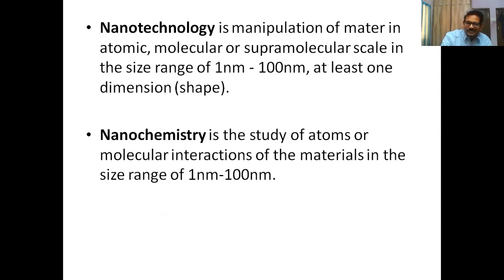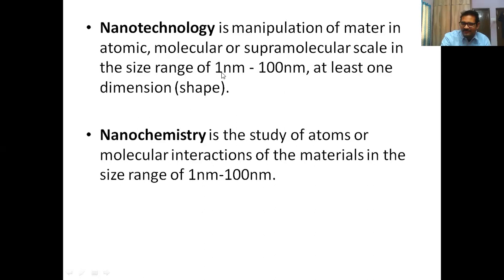Nanotechnology. Technology means we can manipulate, we can prepare, we can bring changes in the size to nanometer, thereby the properties. So nanotechnology is the study of manipulation of matter at atomic, molecular or supramolecular scale in the size range of 1 nanometer to 100 nanometers, at least one dimension, whether in a shape, radius, or whatever it may be.